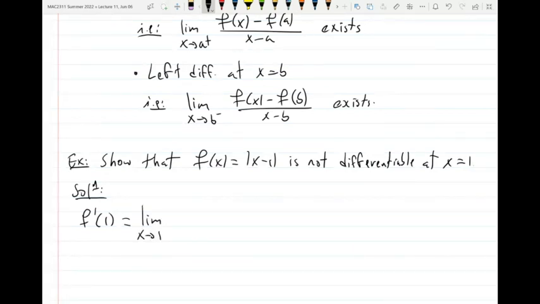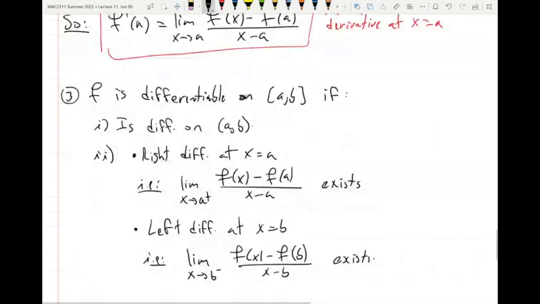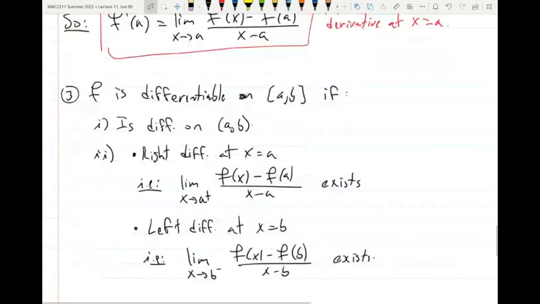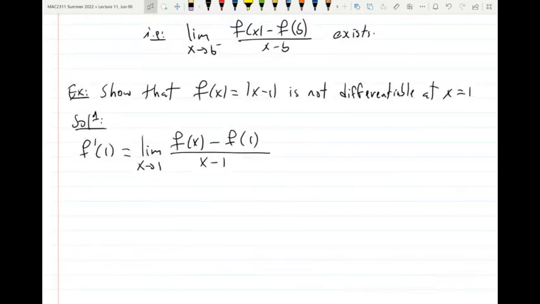This is the limit as x approaches 1 of f of x minus f of 1 over x minus 1. So that's the formula that we have here with a equals 1. It's way easier because we don't have to deal with this h. When it comes time to plug in, it's actually pretty straightforward, but this is only valid when you're finding the derivative at a point, not in general.